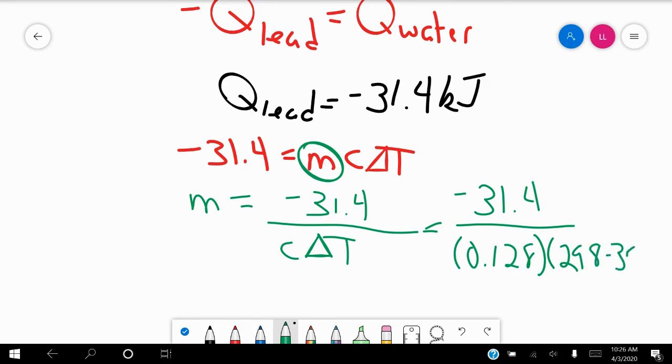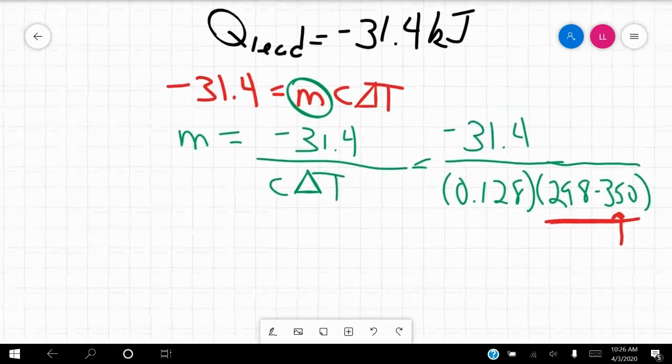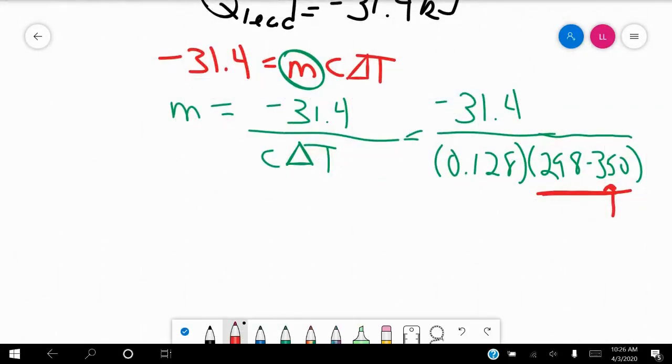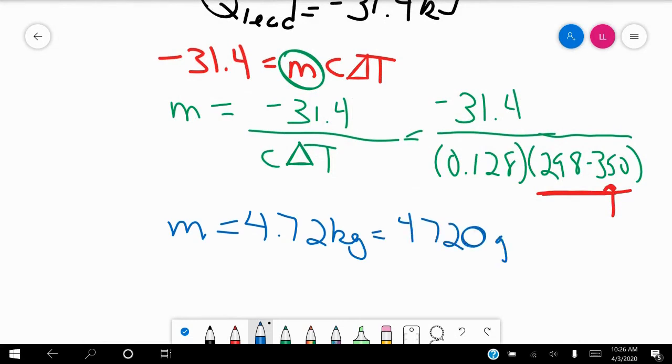So 298 minus 350. And this would be another reason why you may want to convert the temperatures, because this temperature was initially given in Kelvin. And so that's going to give us a mass of 4.72 kilograms, which is 4,720 grams.